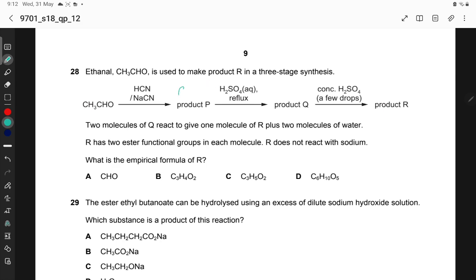The product is CH3 C, OH, CN and H. Then with H2SO4 and reflux, this is converted into CH3 COH, which is oxidized to CO2H.